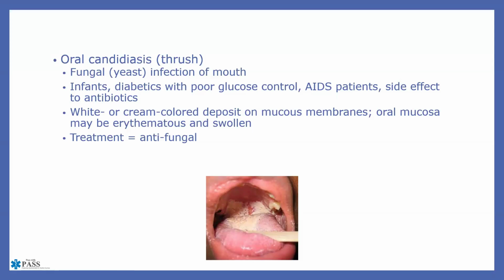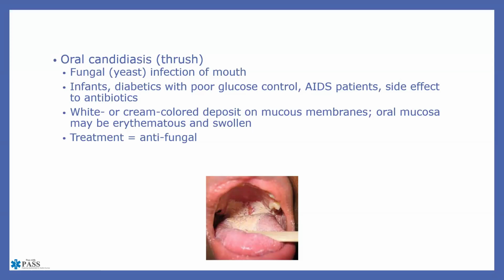So if we put patients on antibiotics and it gets rid of those normal microflora, it allows the fungus to proliferate, which is what thrush is. Or if we're talking about in a female population, a yeast infection. So that is most of the time going to be caused because of an antibiotic that they are on.